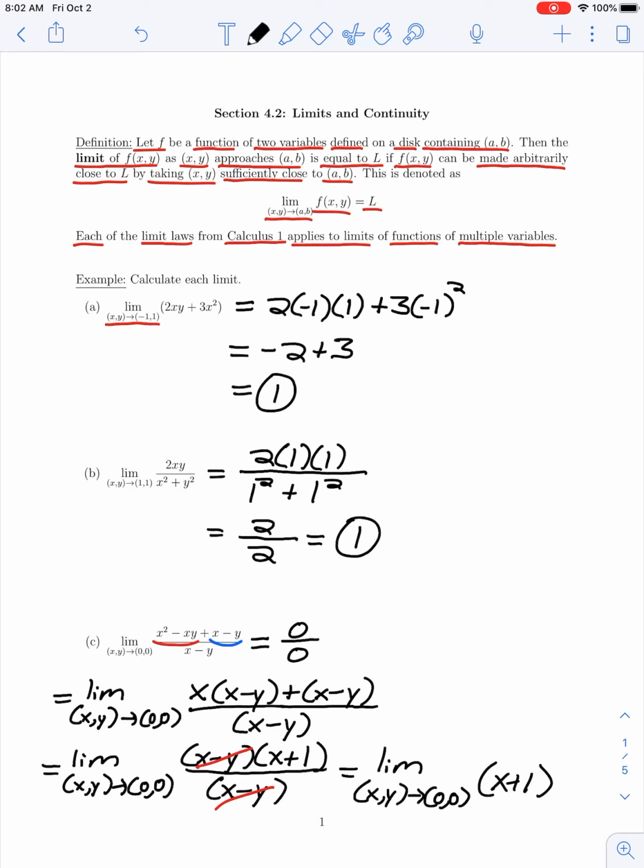And now we can evaluate a limit of a polynomial function in terms of x and y by simply evaluating that function at the point that we're approaching, in this case (0, 0). So as x and y approach 0, we're left with 1. So we would have a limiting value of 1 here.